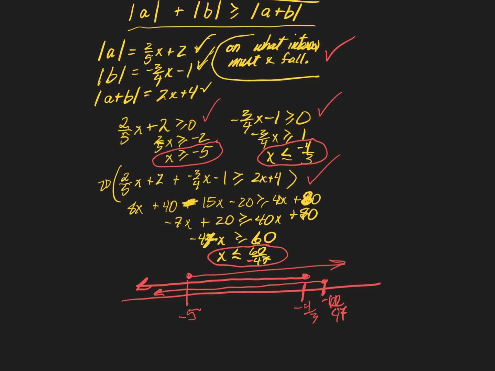And where do they overlap? They all overlap between negative 5 and negative 4/3. All of them are in that range. So the solution is negative 5 is less than or equal to x is less than or equal to negative 4/3. All right? And that would be the solution to this problem.